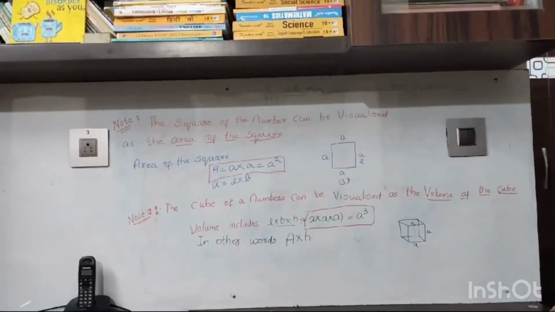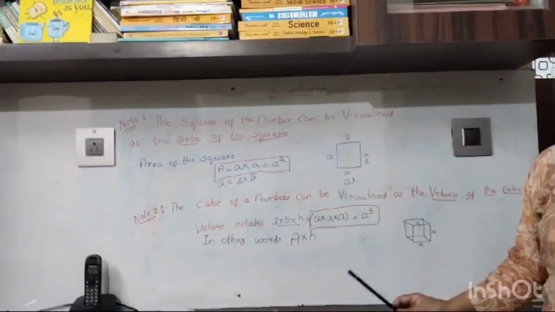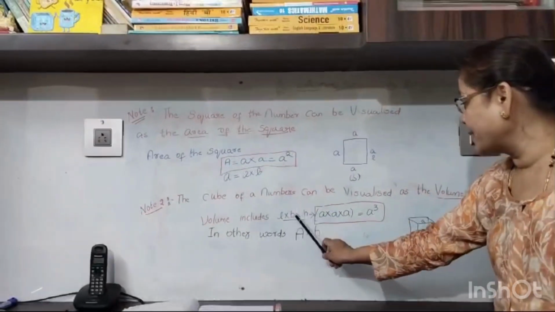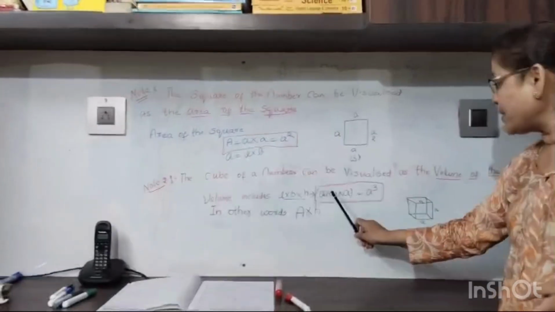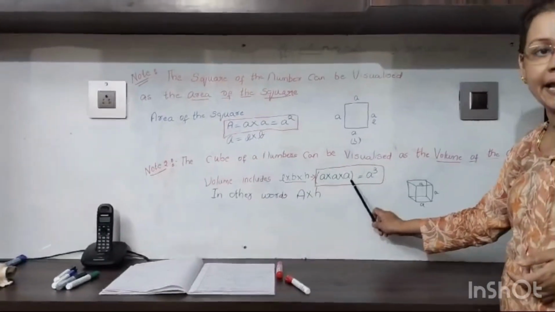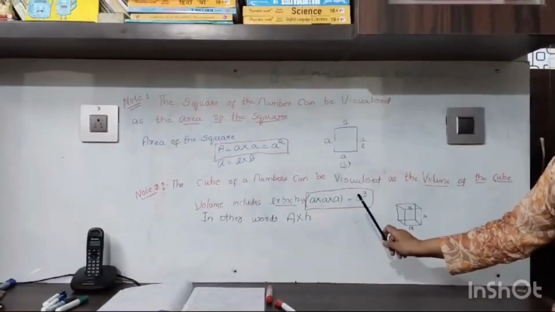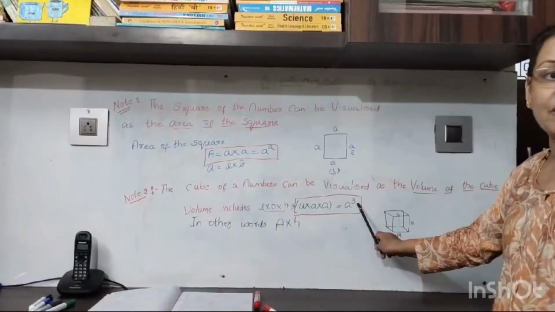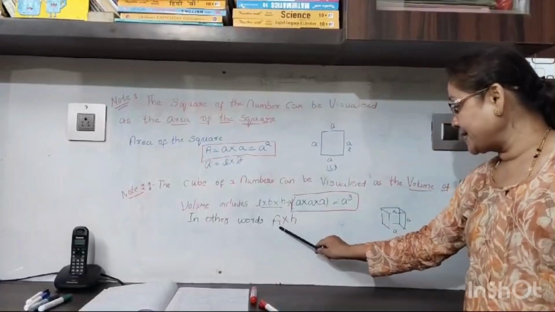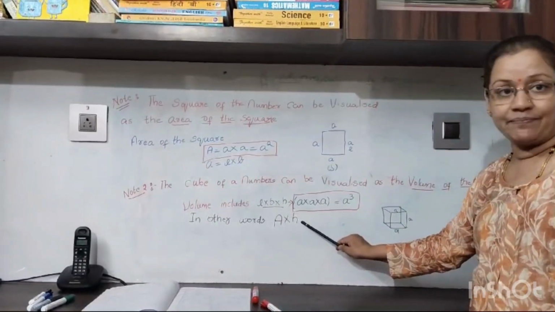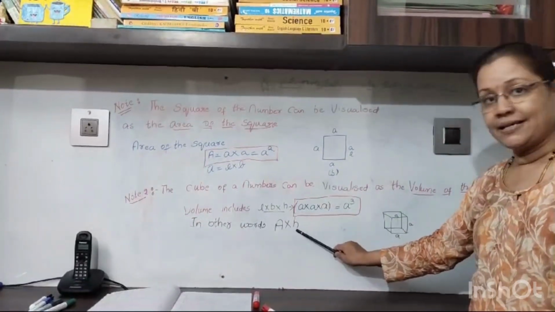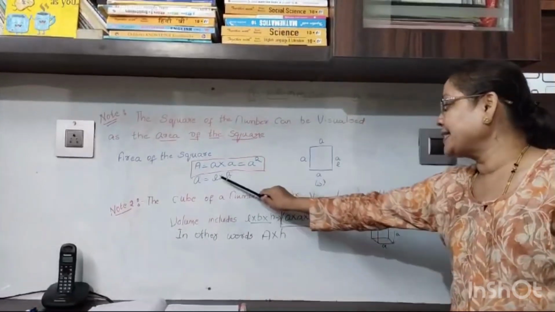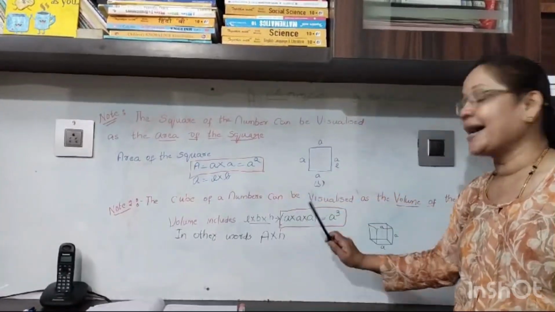All the sides are equal, hence volume consists of length, breadth and height. I am naming each side A because all the sides are equal, so the volume is A cube. In other words, we can write it as area into height. Area means length and breadth of the square, and height.